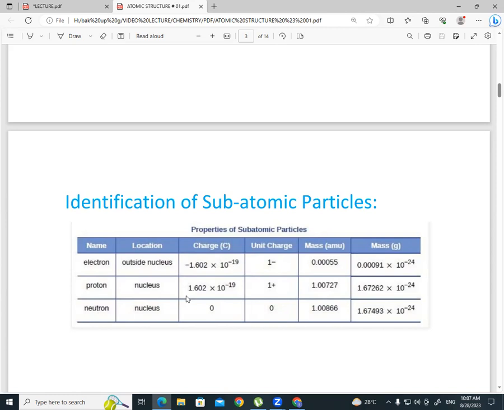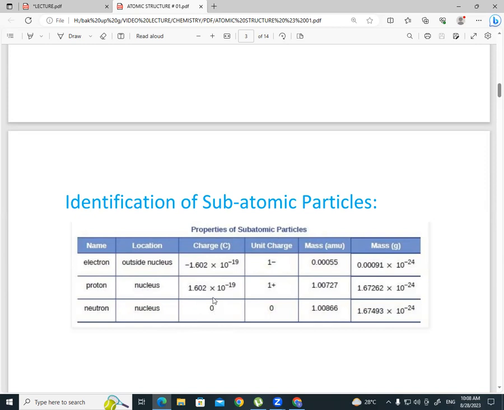When we talk about the charges, the electron has a negative charge of 1.60 × 10^-19 coulomb, while the proton has the same charge but positive. So proton and electron charges are equal but opposite to each other, while the neutron has no charge.